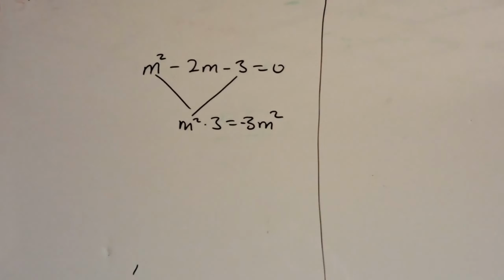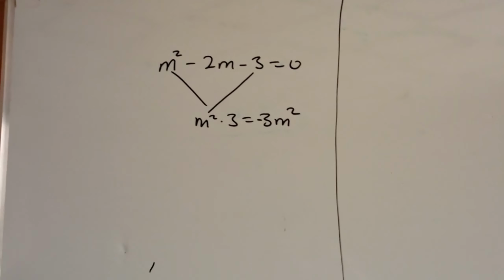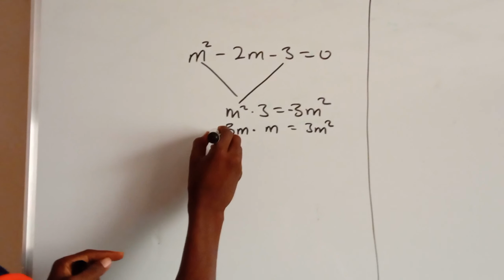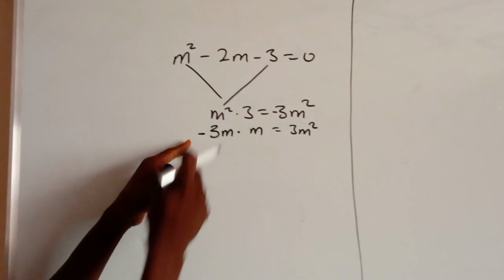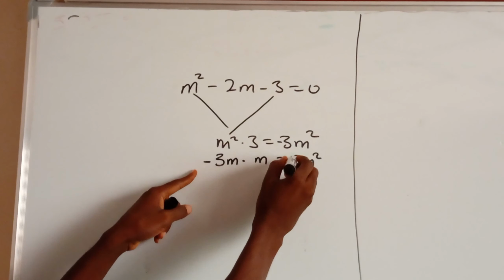So let us think which numbers we are going to find. Let's say 3m times m. When you multiply this one, it will give you 3m squared. But one of them should have a negative sign, which is the 3m, minus.